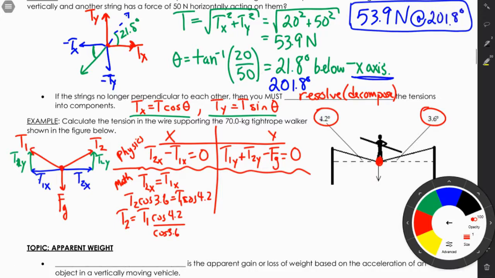All right, so if I do a quick calculation, cosine 4.2 divided by cosine 3.6 tells me it's 0.999 T1. So it's very close to being just equal to each other. And that's true because of small angles, okay? And so now I'm going to solve this, right? I'm going to do T1 sine theta, or sorry, let me put in the angle.